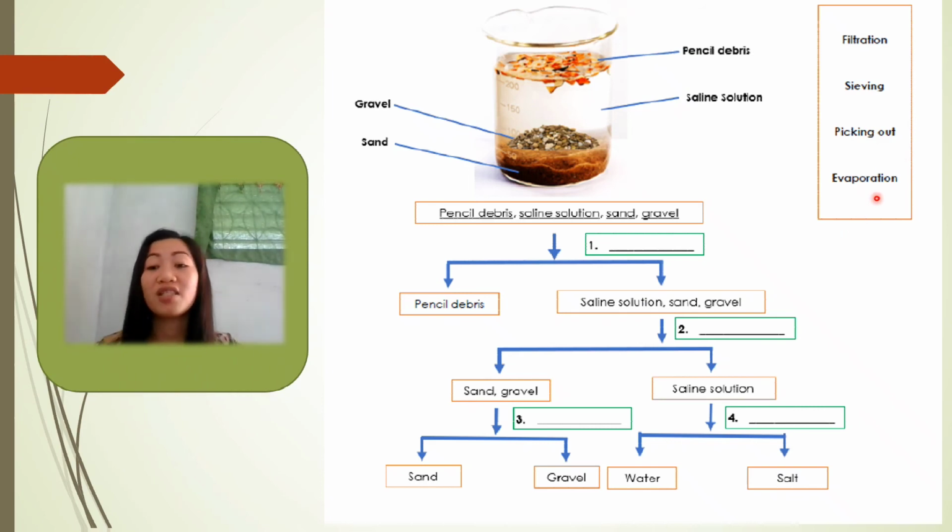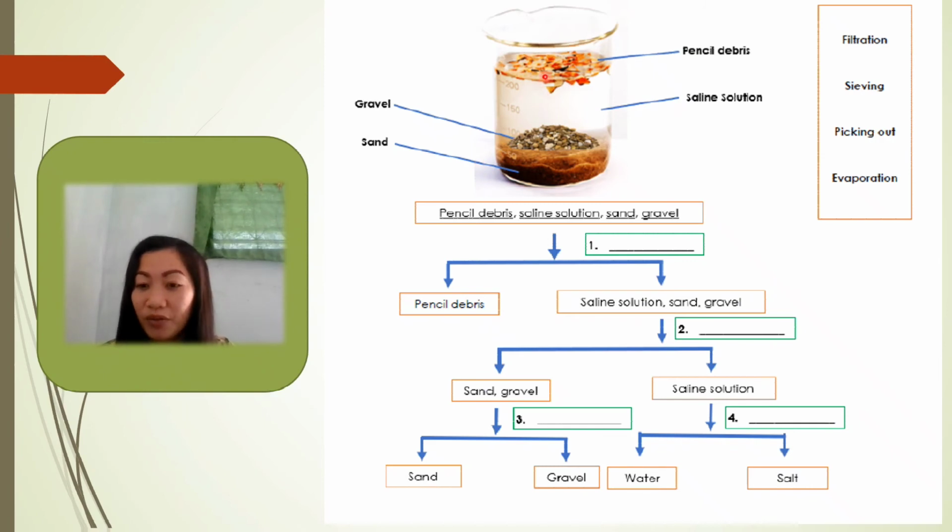For the first question, how will we be able to separate the pencil debris from saline solution, sand, and gravel? As in, what kind of methods are we going to use to separate this mixture? The pencil debris, we will remove this one.